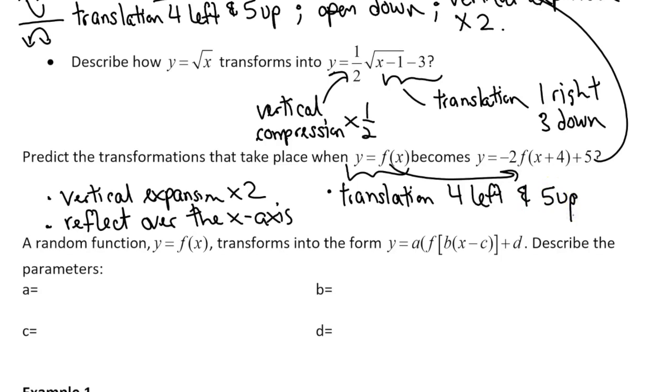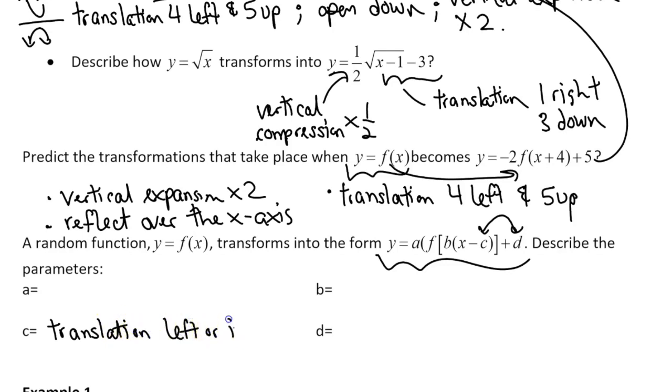We can generalize this now looking at the parameters a, b, c, and d, and we can give some good transformations pre-calc 12 terminology to this. Okay, so let's start with the two most straightforward ones, C and D. So C was connected to the X, and it was how much that we would translate. So translation left or right.